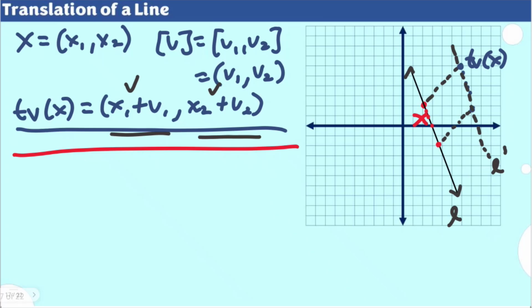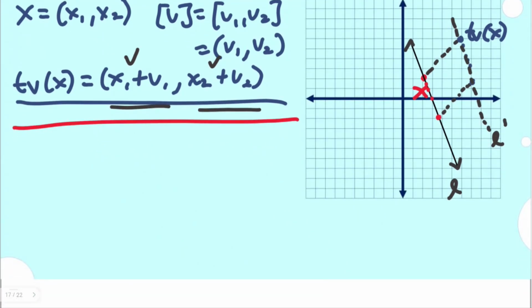Translation again is still movement, right? It is being pushed in a certain direction, that's your direction vector v. So say for example, your equation for L is ax plus by plus c equal to 0, or when expressed in the standard form, ax plus by is equal to c.